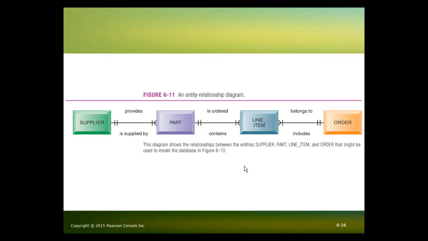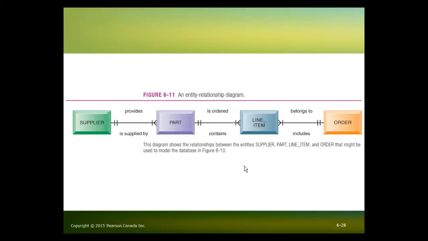So the notation that we're seeing here is that a supplier provides one or many parts. And that's what the solid bar and the three lines, they're commonly called crow's foot. Because if you ever looked at a crow's foot, potentially it would look like that, right?